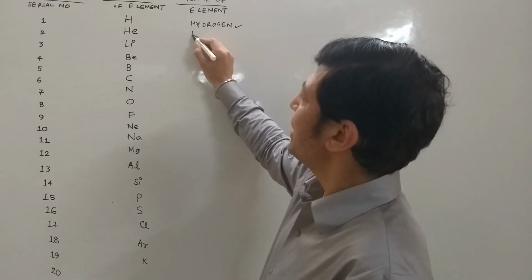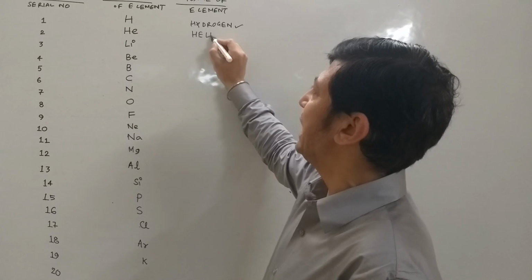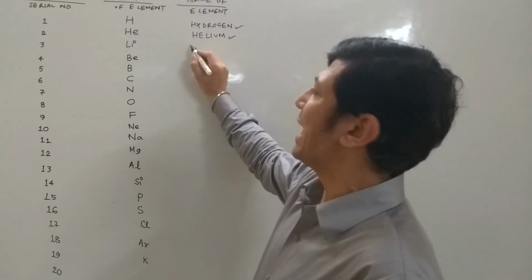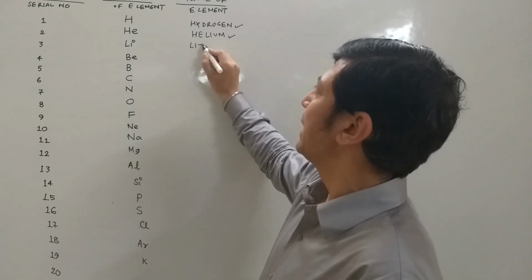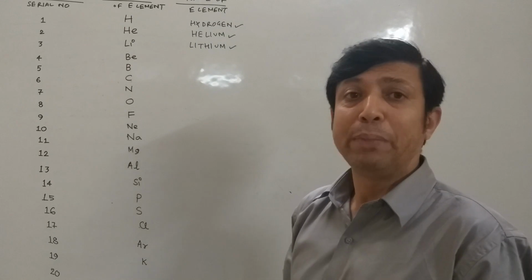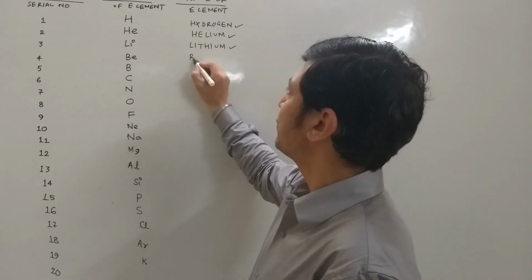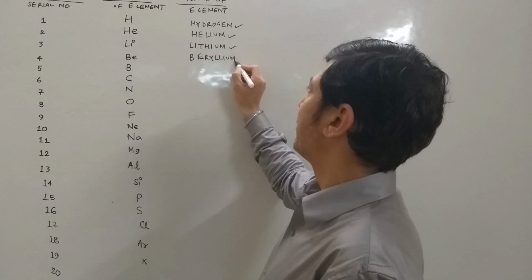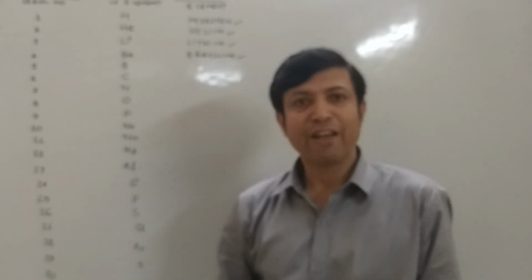He is helium, right? The third is Li. Li stands for lithium. Fourth is Be. Be stands for beryllium.